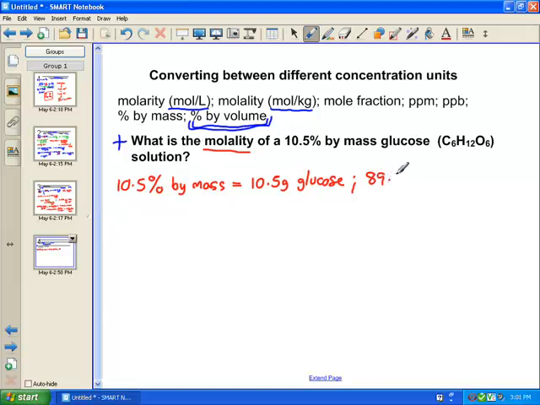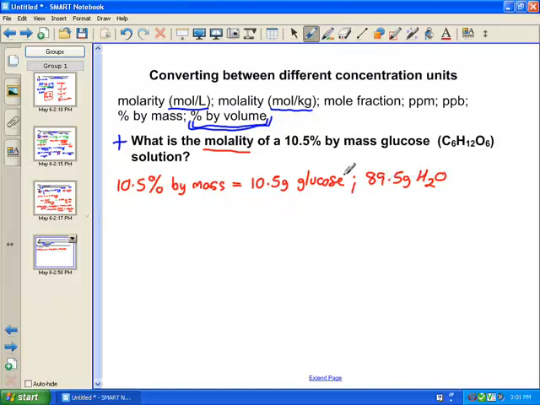So therefore 89.5 grams of that solution, whatever is remaining, is water. And this is useful because I need both of these. I need the grams of my solute, which is glucose, to get the moles of the solute. I need my grams of water because I need to calculate the kilograms of my solvent, which in this case is water.